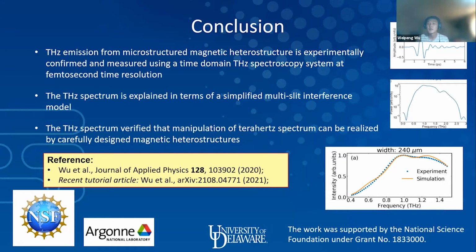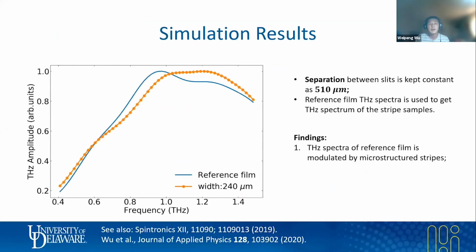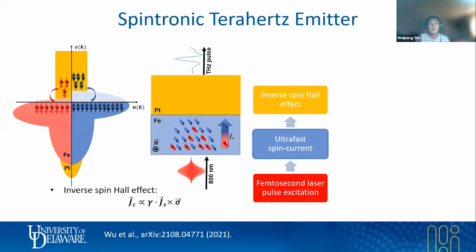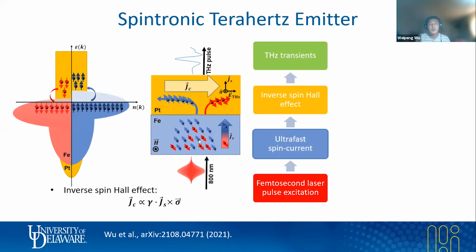Okay. What kind of material properties are you going to explore if you want to change the material? Basically, if you just look at the mechanism of the generation of terahertz, here we want a spin current source, right? And then we want to convert spin current to charge current.